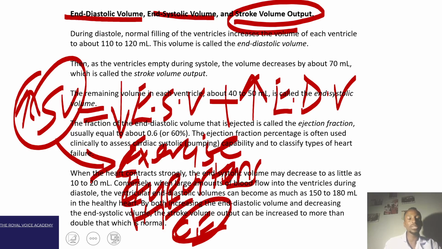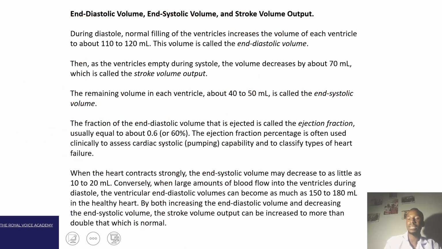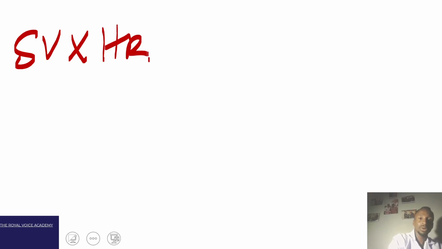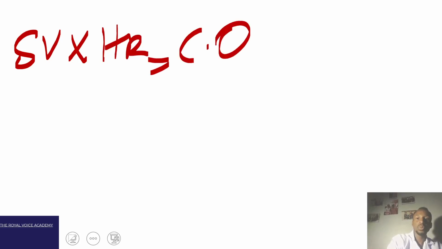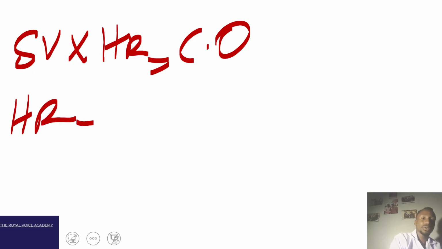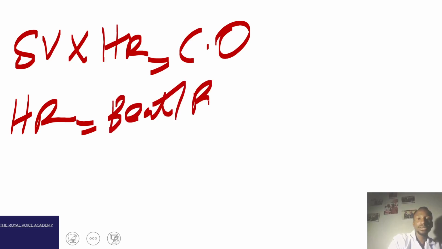Now, there's something that I want us to understand before we even leave the slide. Let me type it here. The stroke volume times the heart rate will give you the cardiac output. Your heart rate is beats per minute.